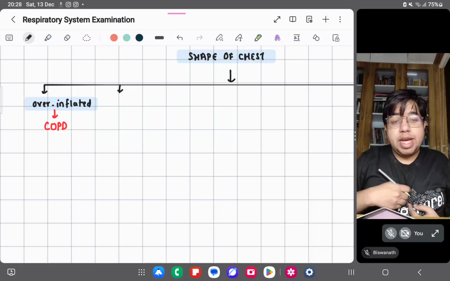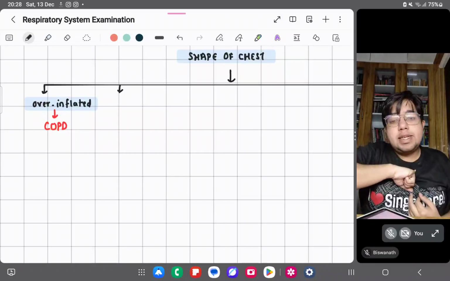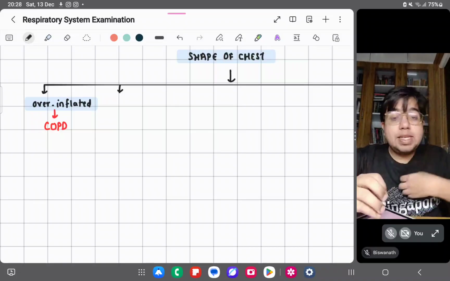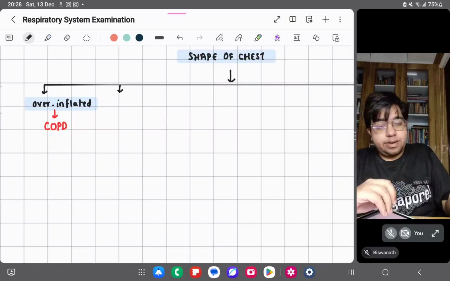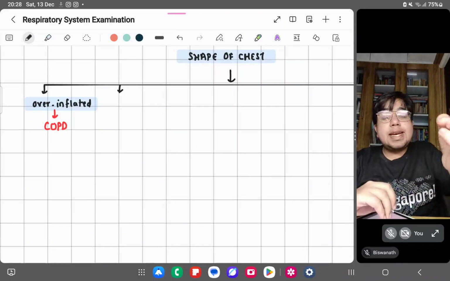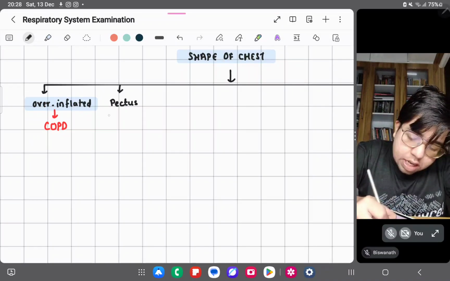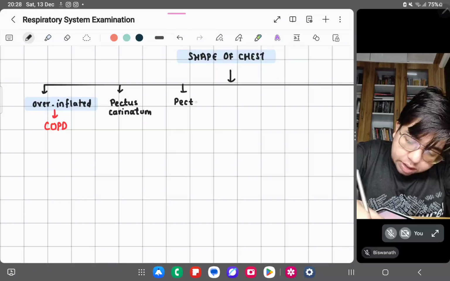Chest may be, you can just see in the middle line, if the chest is like this, protruded, or if the chest is like this, depressed. If there is a protrusion, which we call pectus carinatum, and if there is a depression, which we call pectus excavatum.